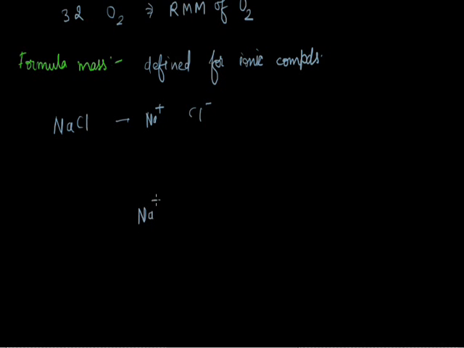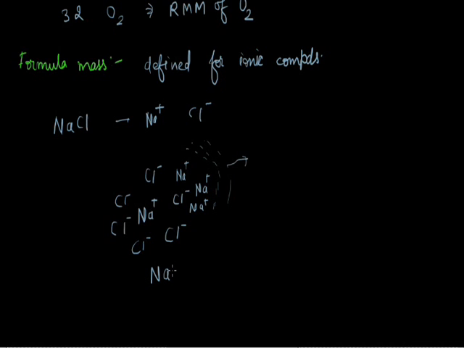This Na plus is surrounded by 6 Cl minus, and this Cl minus is surrounded by Na plus, and this is continuously running, but the number of Na plus and Cl minus will be equal because the overall molecule is neutral.